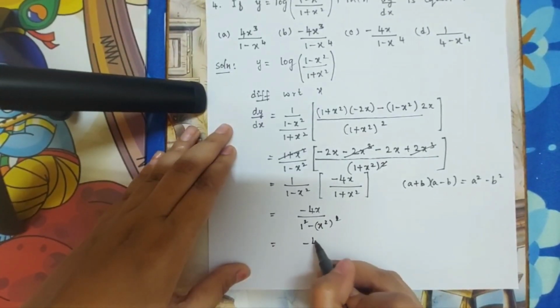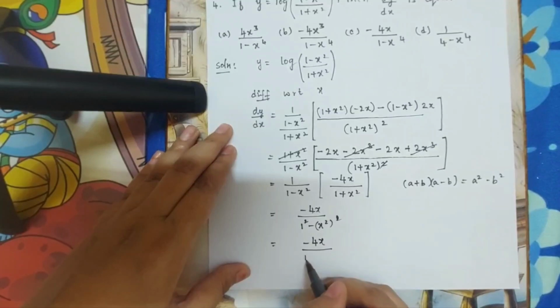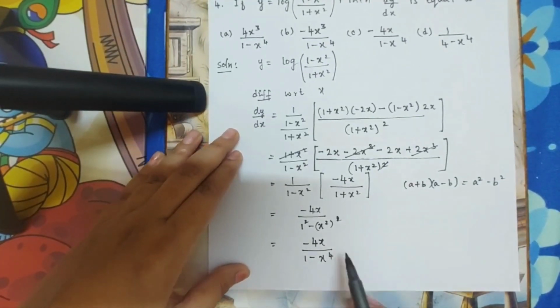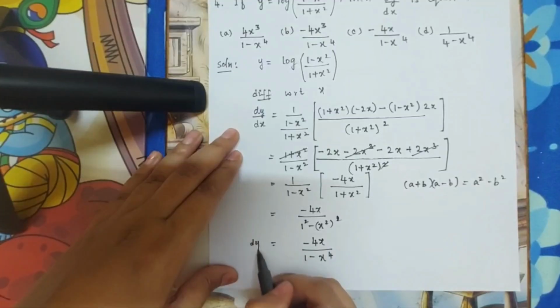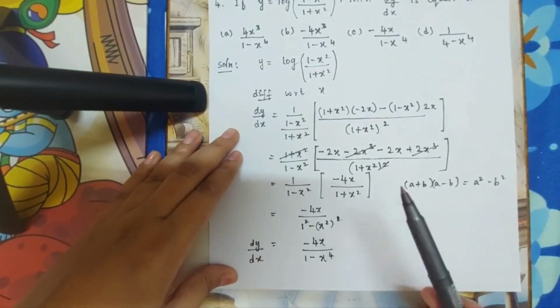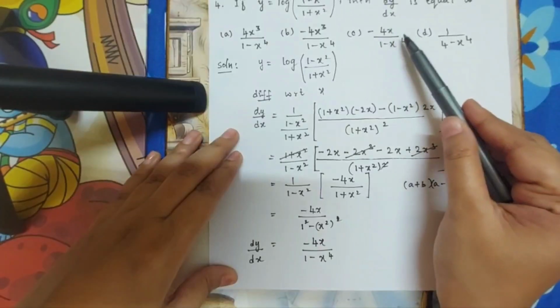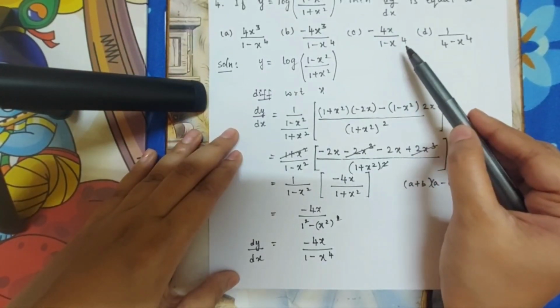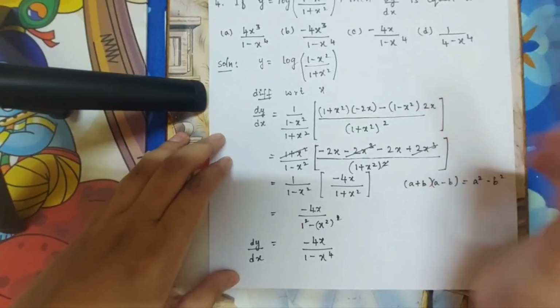So this will be equal to minus 4x divided by 1 minus x to the power 4. This is our required value of dy by dx. So our option is C. Minus 4x divided by 1 minus x to the power 4 is the required answer.